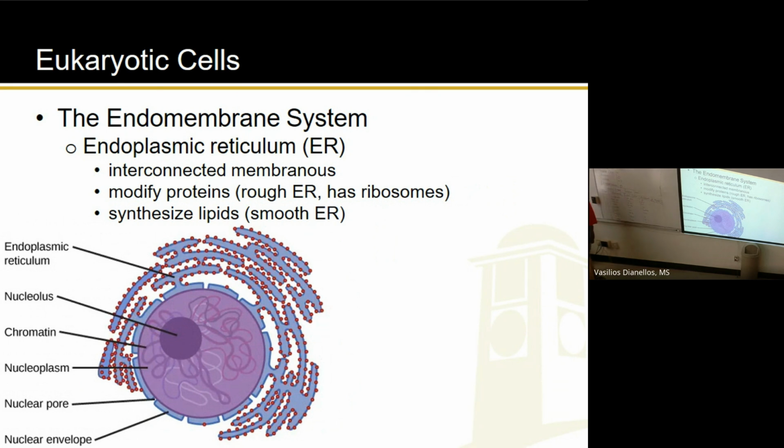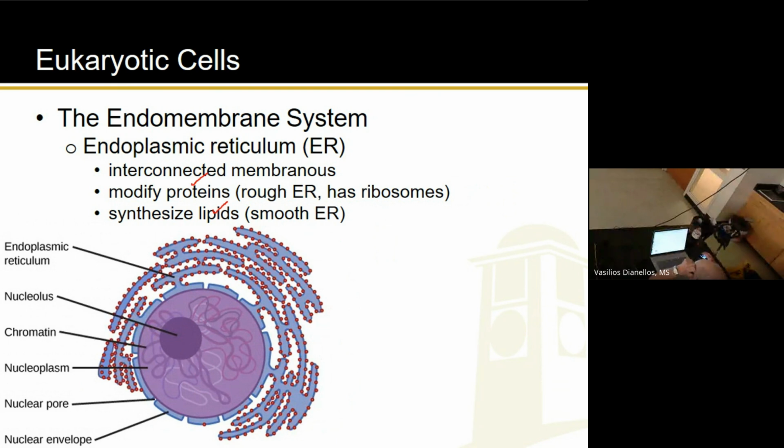they synthesize lipids. So again, we've already confirmed from one of your classmates that none of these questions are going to be on the exam. But if I were to put anything on the exam, I would say, at the very least, you need to know that the ER is where we make or modify proteins and make lipids. I would ask that. And then I might get so deep as to say, which one modifies proteins, rough ER or smooth ER?